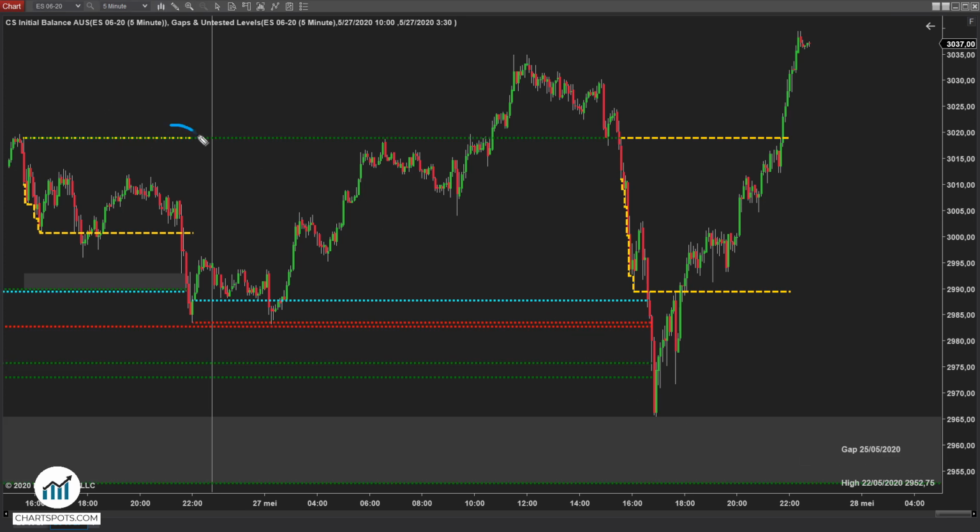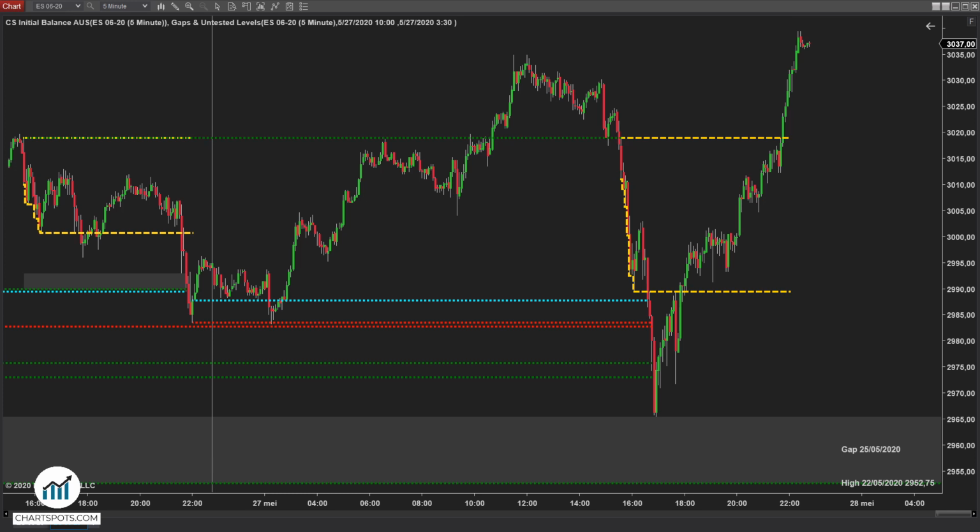What you can see here is that was the session high yesterday, which was also the initial balance. It then starts drawing a line for that high. Here it's crossed, but it's during the overnight session, so the line continues as we had that option enabled.